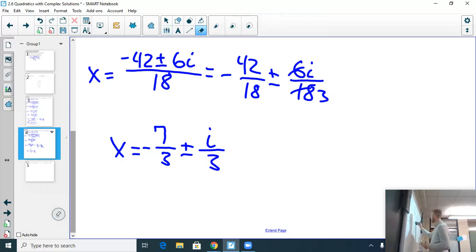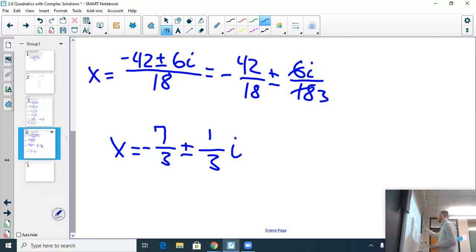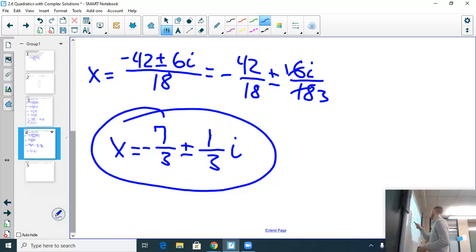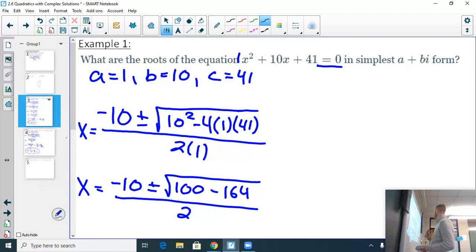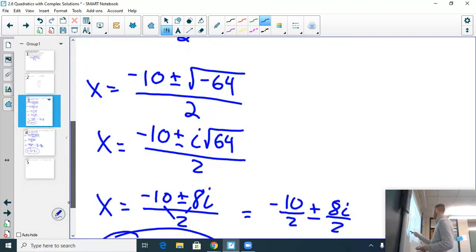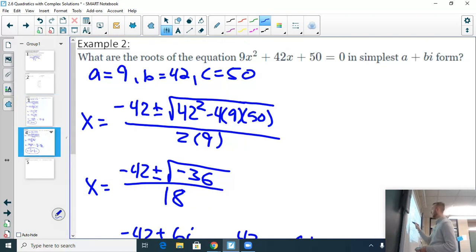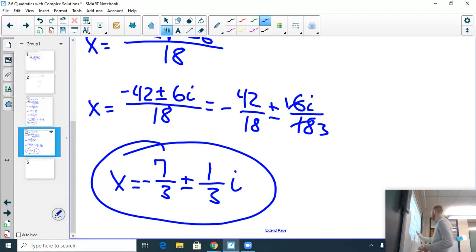Or if you want, it might be nicer to write it as 1/3 i. Right, because there's an invisible one on the top, and you can just throw that i out front. I think that might look nicer. You might want 1/3 i. And then this one, what did we put? Yeah, we already had that in a nice a plus bi. That way the i is kind of separate, right? That way your b is 1/3.